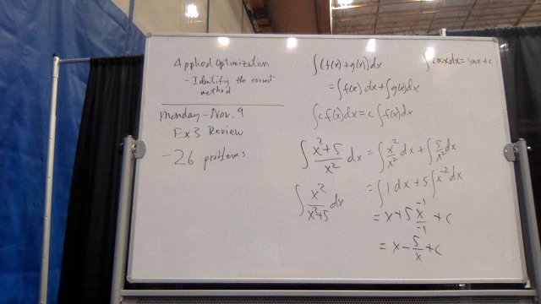I don't. Maybe you do. But I don't. Therefore, what do I need to do? Write it as a sum. Is it easy to write this function as a sum? It's not. I don't know any way to do it.